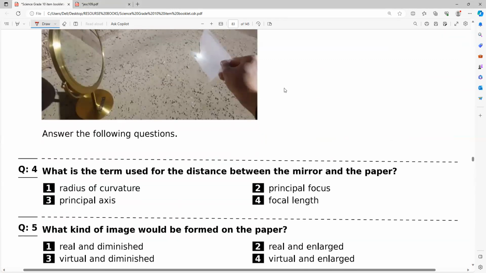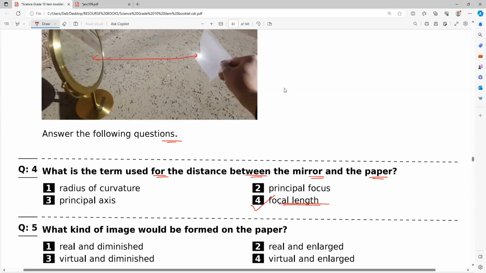Answer the following questions. What is the term used for the distance between the mirror and the paper? Approximately it is catching fire, so what do we call this distance? Focal length. It is the point where a sharp image is forming from the mirror, so it is the focal length.